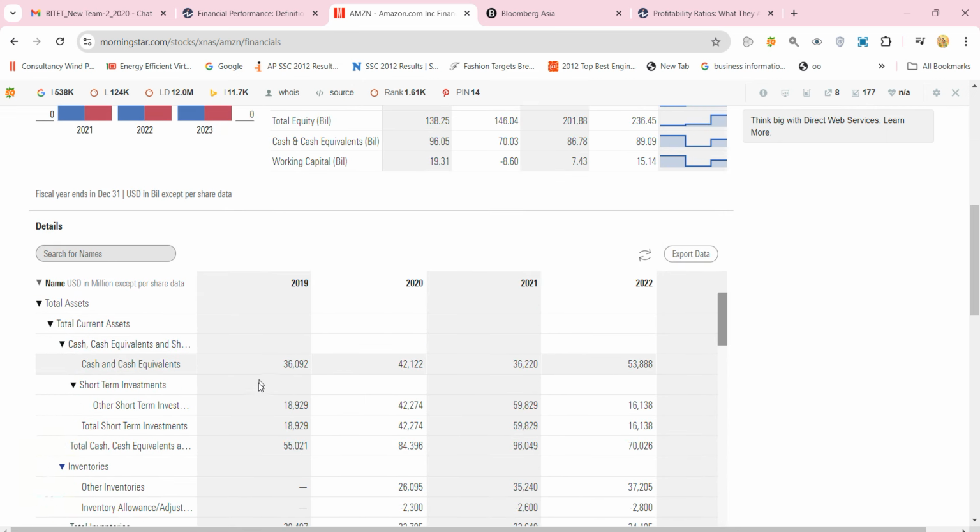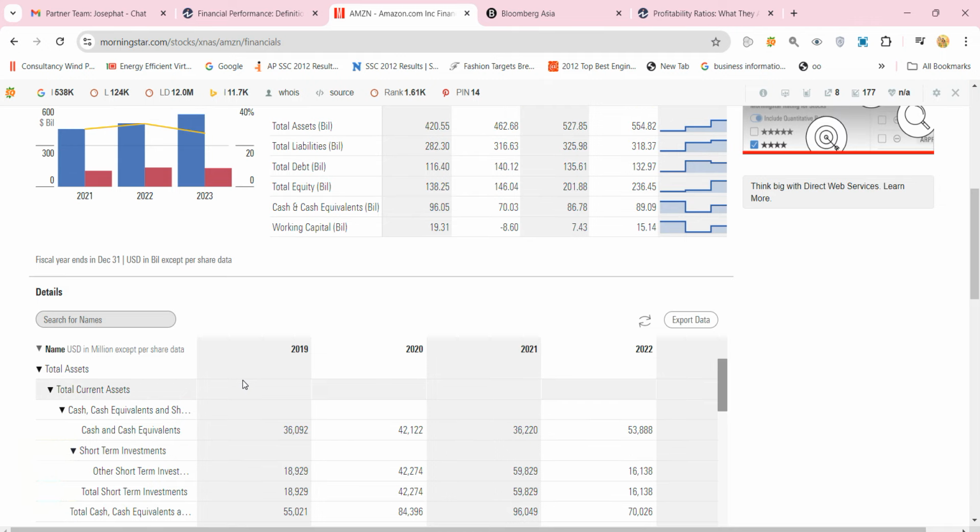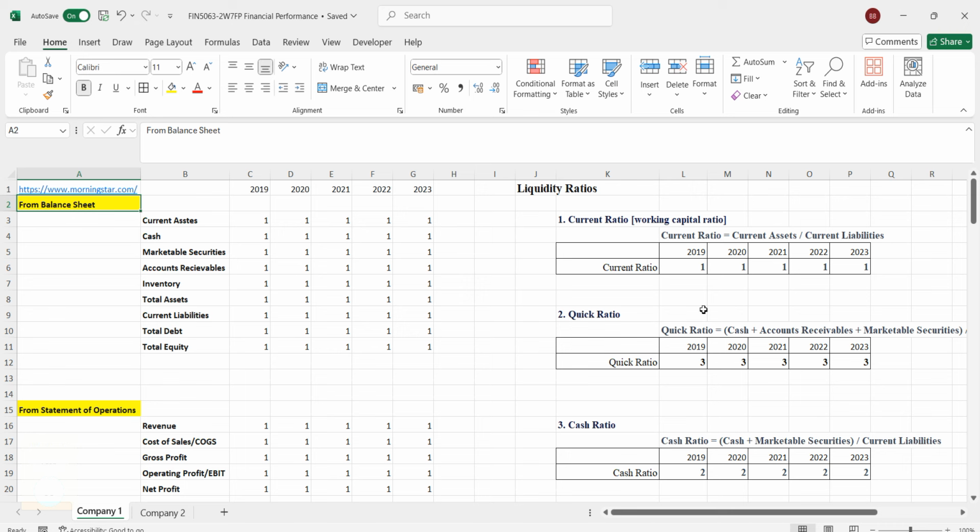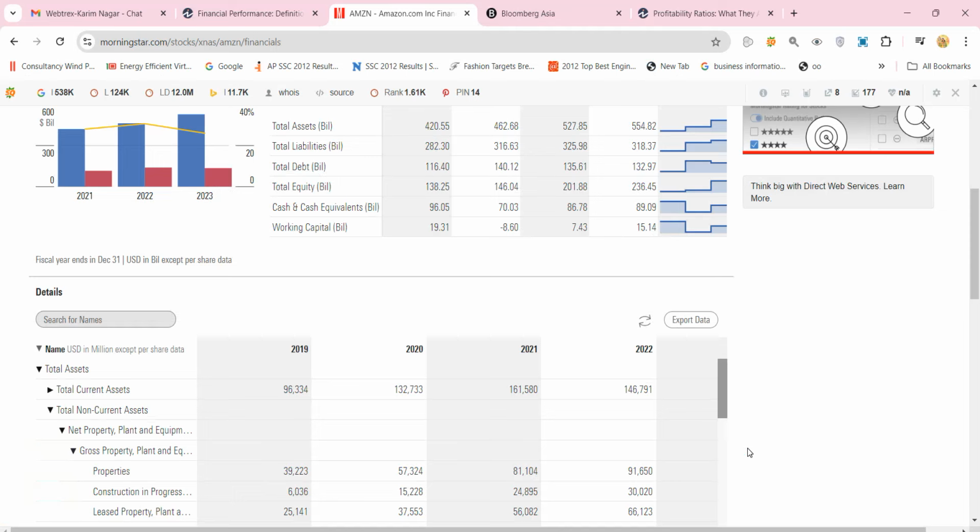Just scroll it down. Now you need current assets, that is total current assets. That is 96,334. So let's write here 96,334. Next, 132,733. Let's add it.